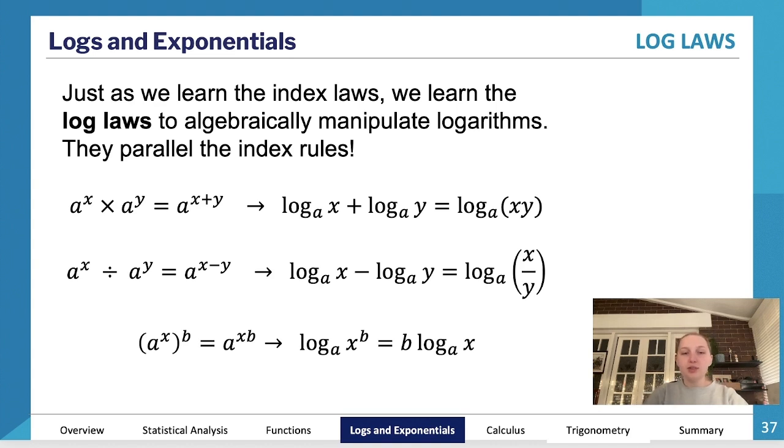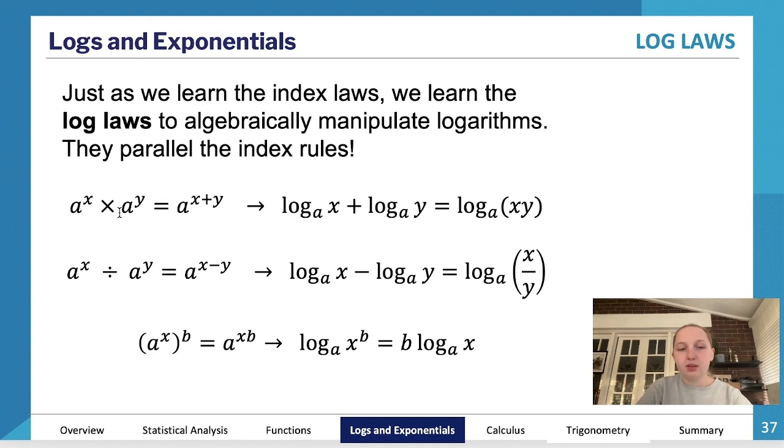So just as we've got the index laws, we also have some log laws. Our index laws parallel the log laws. They are sort of the opposites, just like everything with your indexes and your logs. When we've got the index law, a to the power of x times a to the power of y equals a to the x plus y. In this one, if we've got log a of x plus log a of y, it equals log a of x times y.